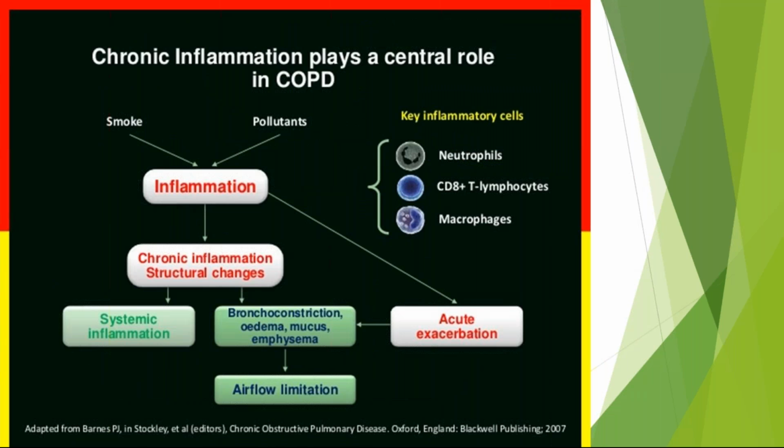Coming to the pathophysiology, chronic inflammation plays a central role in COPD. The main trigger factors for COPD are smoke and pollutants, which lead to inflammation, chronic inflammation, and structural changes, mainly bronchoconstriction, increased secretion of mucus, and edema, leading to emphysema, which finally leads to airflow limitation.